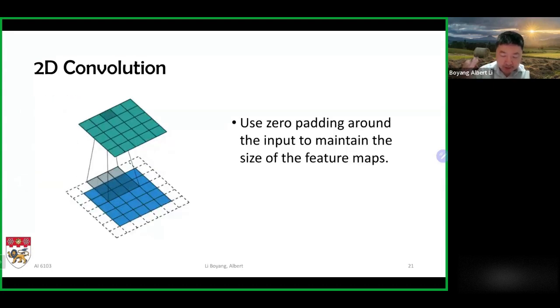This is yet another visual representation of the convolution network that we have. The interesting thing, though, of convolution network is that if you don't do anything fancy, if you just do the simplest type of convolution, then the output tends to be of a smaller size than the input.